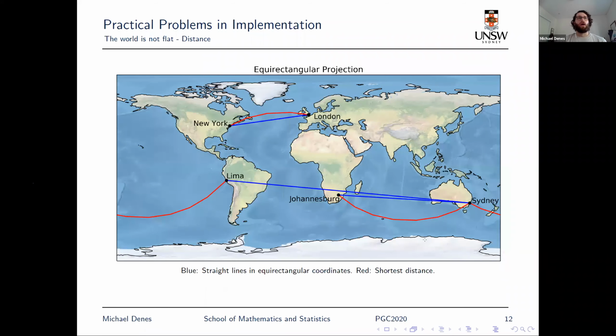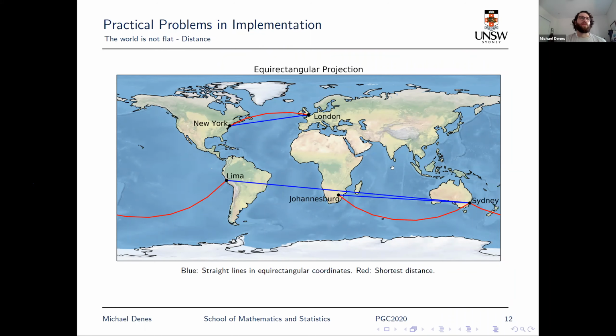So another issue is that the world's not flat. In the blue lines, I've drawn the straight line between, say, New York and London, or Lima and Sydney, or Johannesburg and Sydney. But the red curves represent the shortest distance between each of these areas.